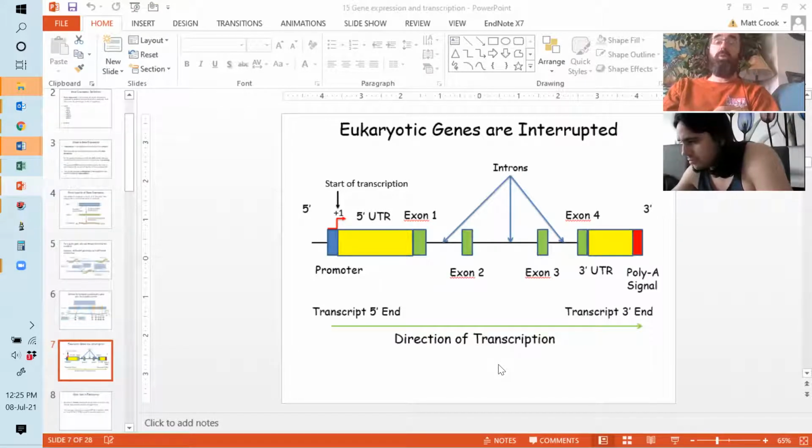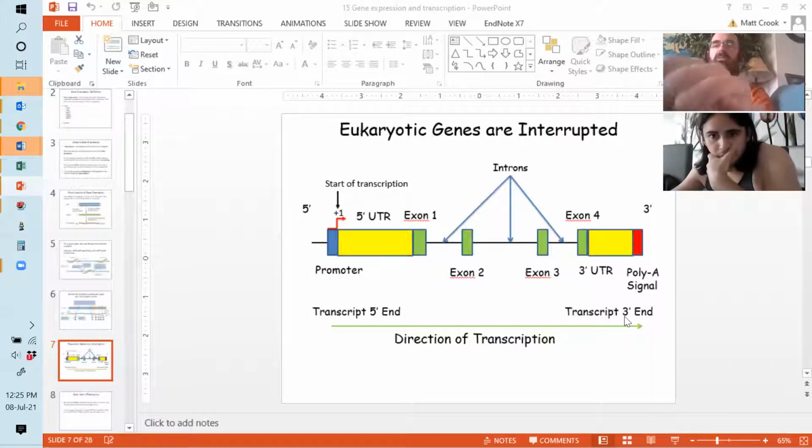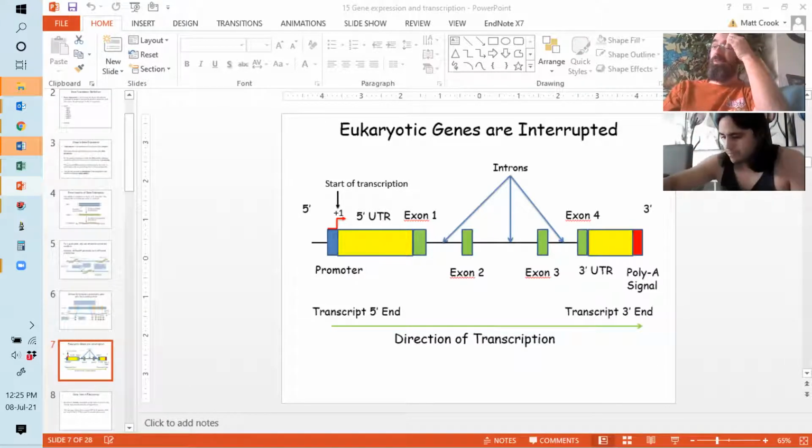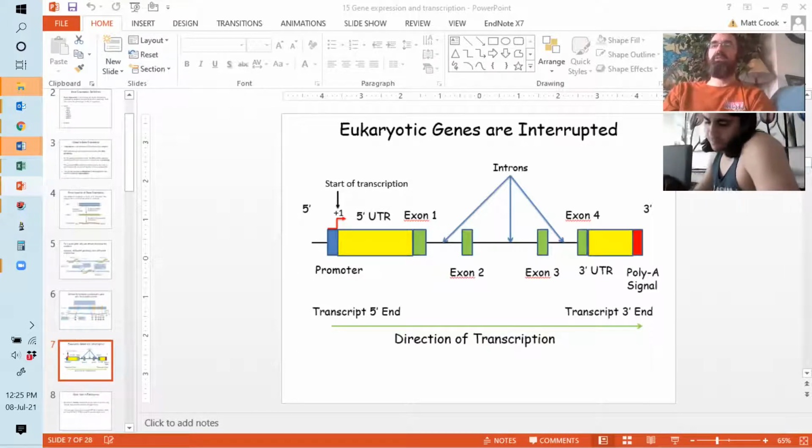So there's a lot more going on in a eukaryotic gene. And now we have some new words to learn, right? So exon equals coding sequence, right? Introns separate exons because they're in between the exons.